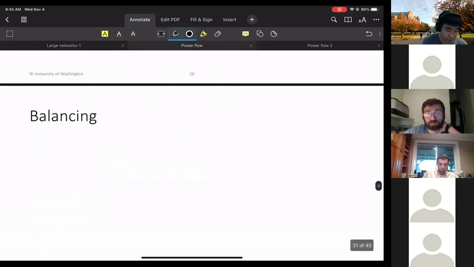So if you look at this in a 2-bus setting, for example, let's say I have 2 buses. Let's say this is the load, PL, QL, and this is the generation. I have a line with some admittance on the line.